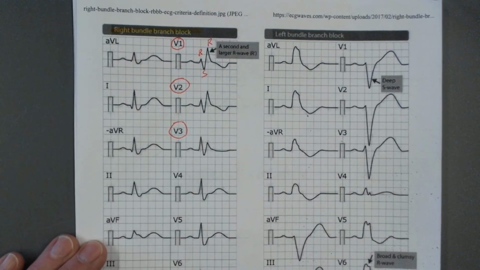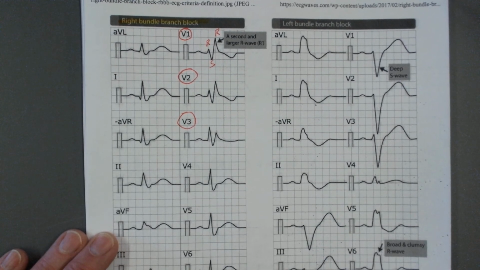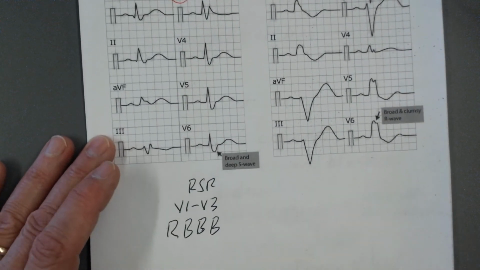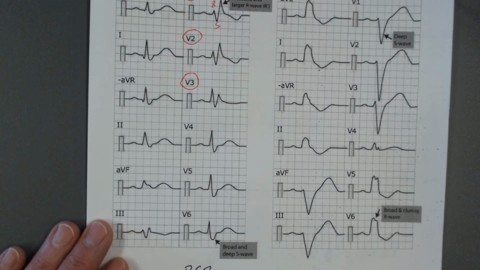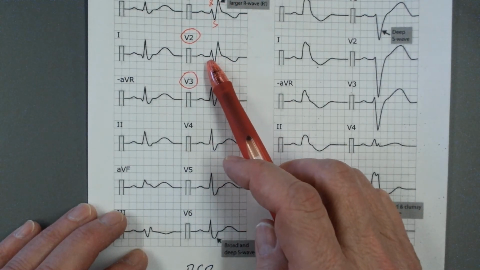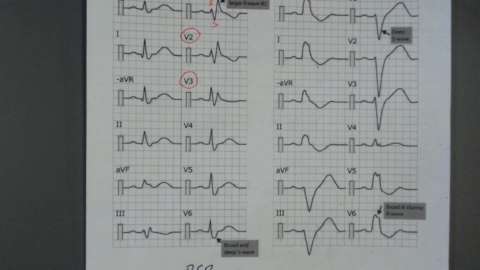This is very characteristic of your right bundle branch blocks. Man, that's hard to say fast. Some cardiologists will say that the RSR kind of gives the EKG in V1, V2, V3 a kind of rabbit ears in the right-sided chest leads.